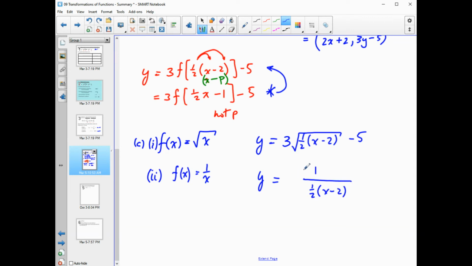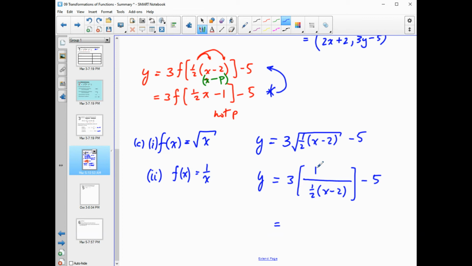In front of this whole thing is a multiplier by 3. And then outside of the whole thing, which the whole thing I'm referring to here is the rational function, is the shift down by 5, or the -5. Now, the first one I couldn't simplify in any meaningful way, but this one I absolutely can.